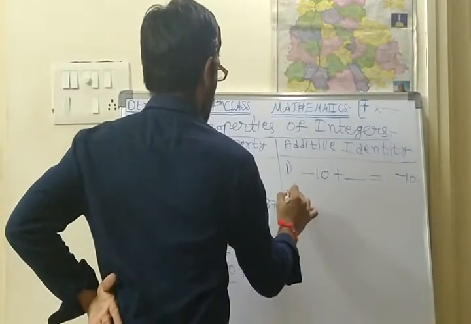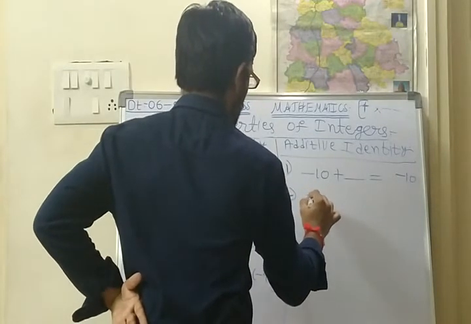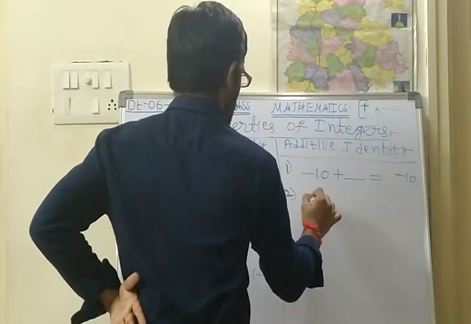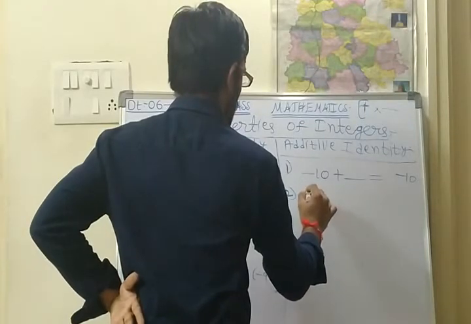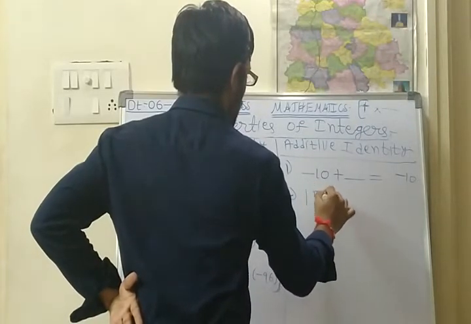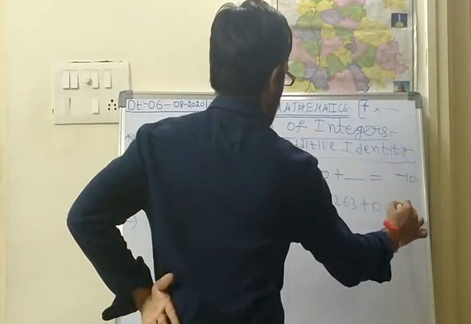Second one: 159263 plus 0 is equal to dash.